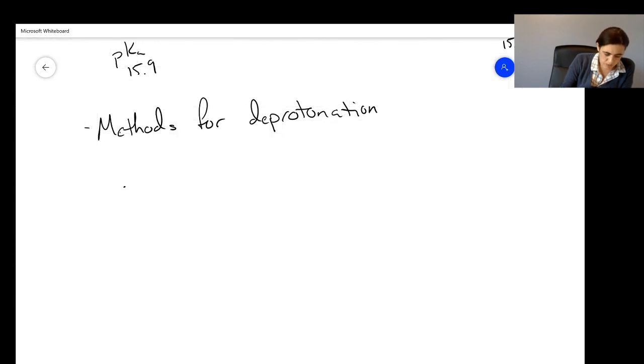You can use something like a hydride source. This is known as sodium hydride.